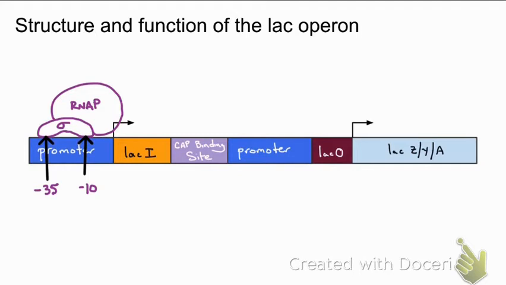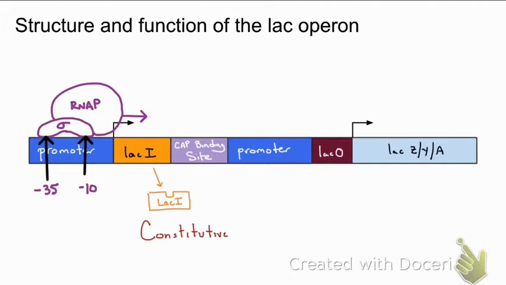And once this happens, the RNA polymerase is then going to proceed, and it's going to end up transcribing the LacI gene, which then is translated into the LacI protein. Now, one of the things that we should note about this is that this process is regulated constitutively.